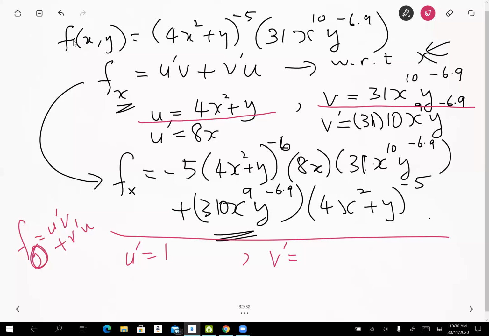Now the x is a constant, which is x to the power of 10, so don't worry about that thing. We worry only about the y. So y to the power of negative 6.9. So you multiply that by negative 6.9 times y, reduce the power by 1, so that is negative 7.9.